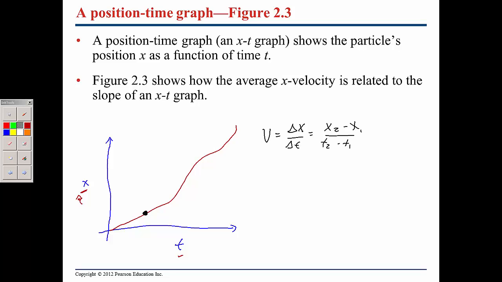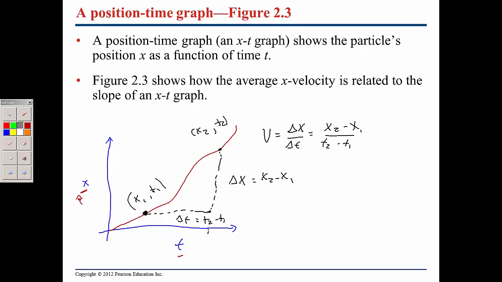And if I pick this to be x1 t1, and over here to be x2 t2, then I know that this right here is my change in x, or x2 minus x1, and this is my change in time, or t2 minus t1.